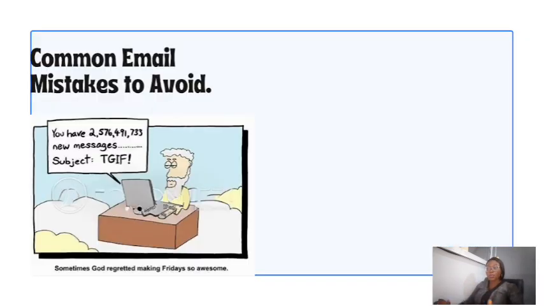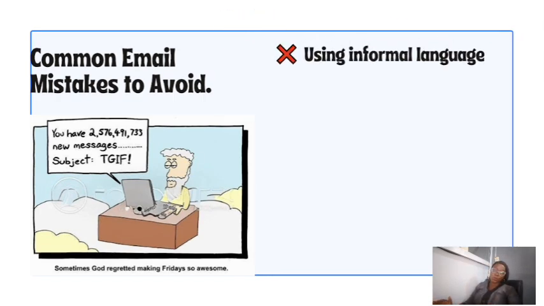Let's look at common email mistakes to avoid when writing emails. Number one, using informal language. You do not want to be seen as unprofessional when people read your email. It is very important to ensure that the language you use is professional and acceptable in the work environment.